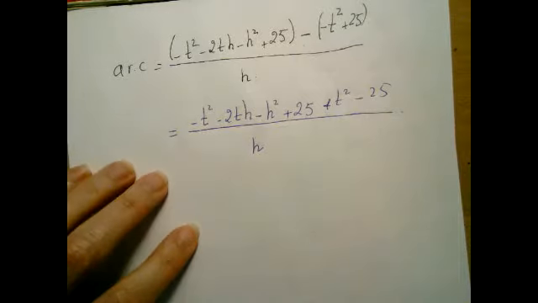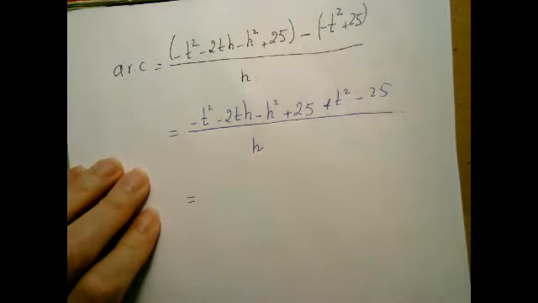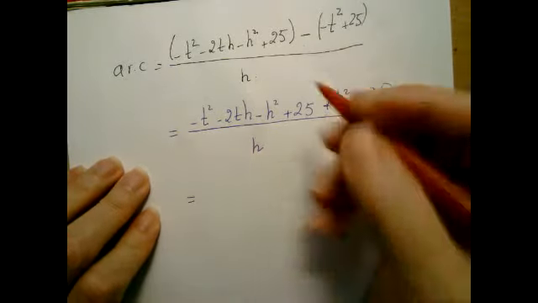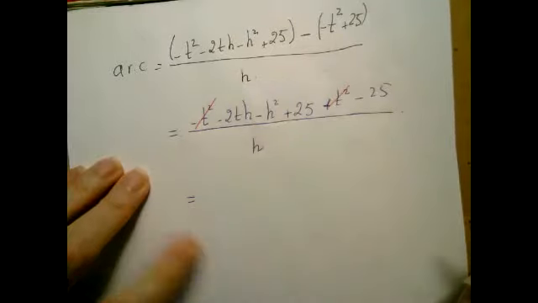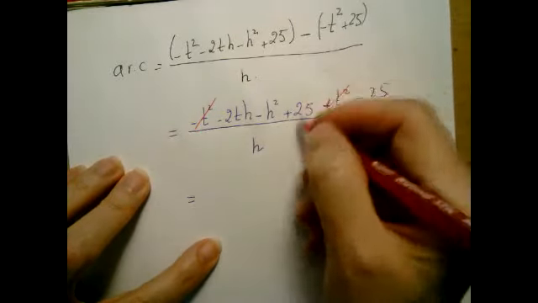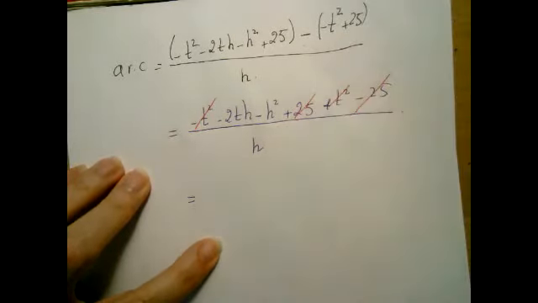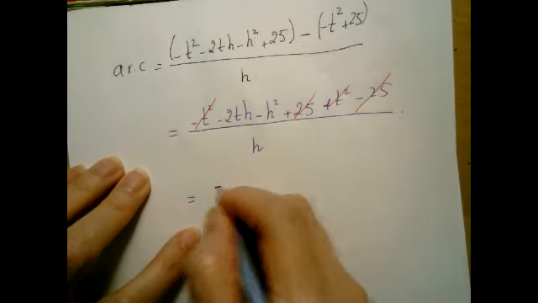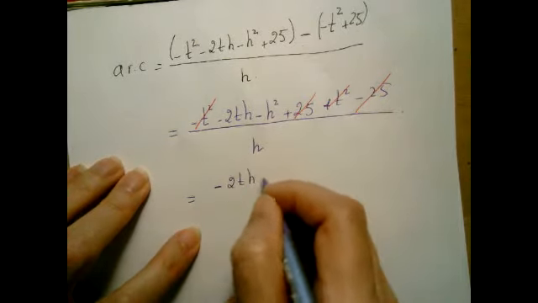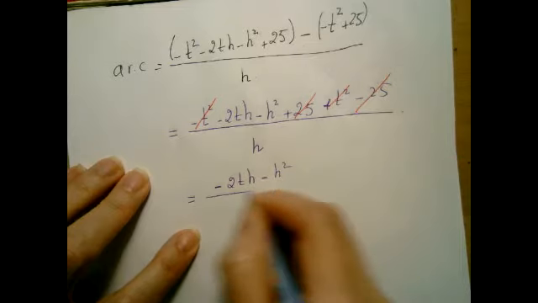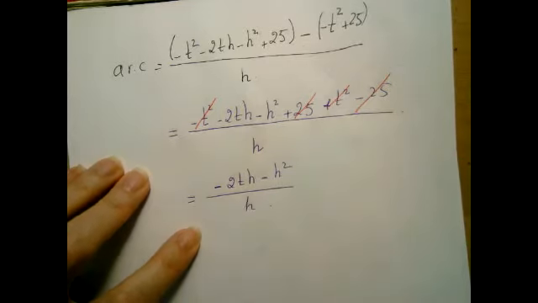Okay, so finally I see what I can get rid of. Plus t squared minus t squared will go away. Plus 25 minus 25 actually go away. And now what I will be left with is minus 2th minus h squared over h.